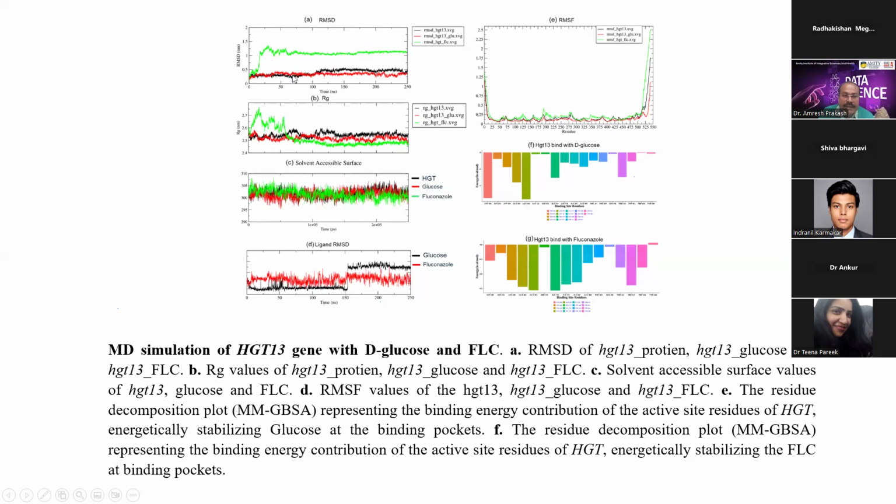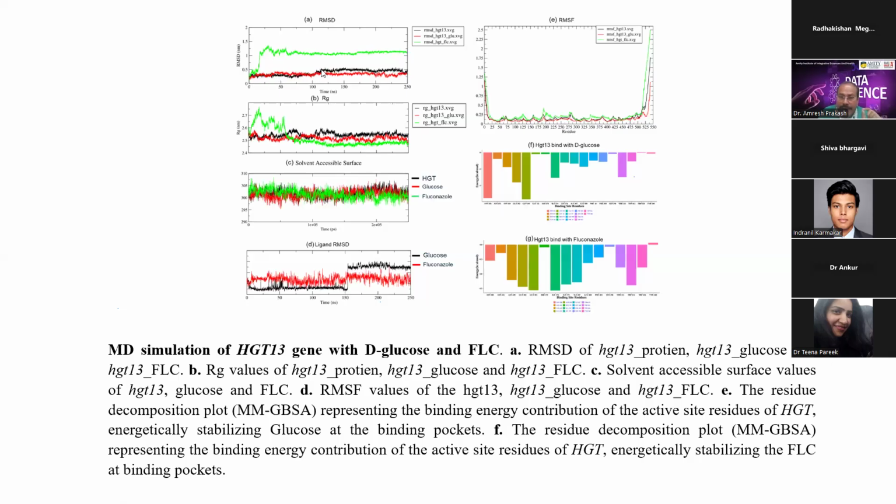Similarly, we see the black one. You can see that initially it is parallel to the x-axis, and after around 75 we can see a little bit of change in the conformation, and around 100 you can see it showing a change, although this happens within just 2 to 3 angstroms.